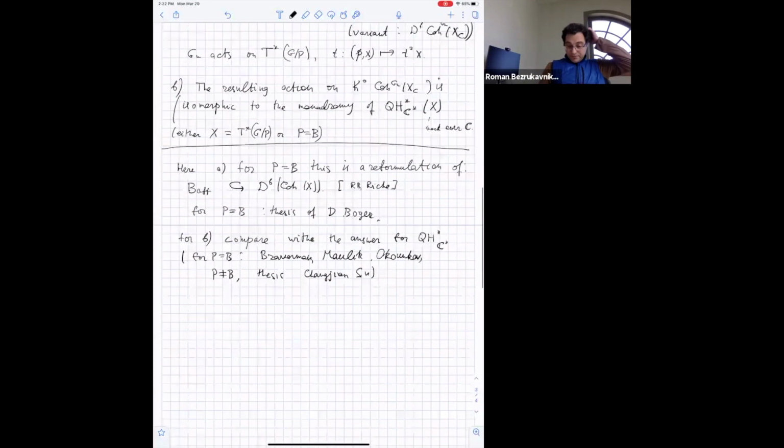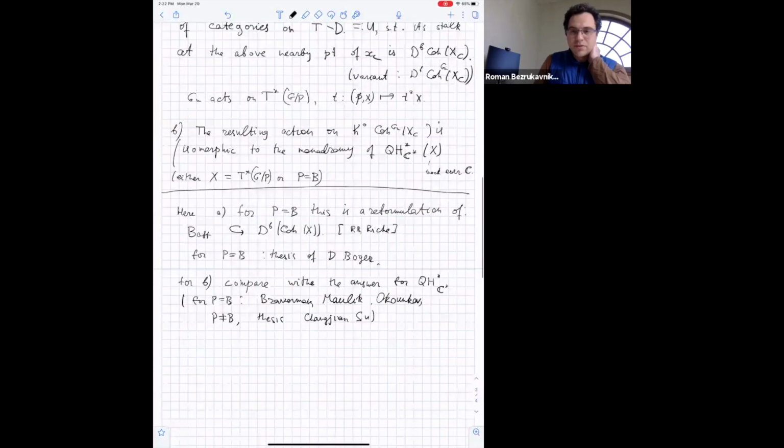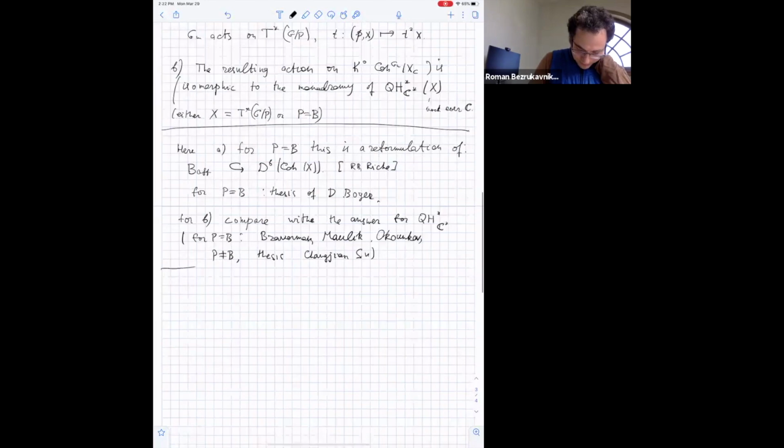Okay, so there are some interesting symmetries of the categories, but I want to talk about how they encode the canonical basis and how they relate to representation theory.